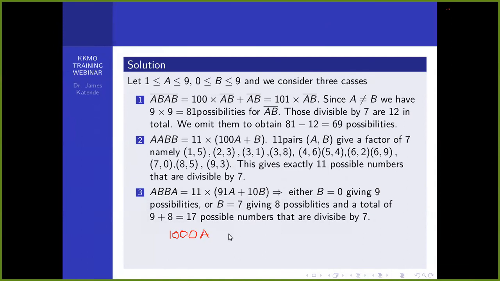Then you'll have 100 multiplied by B. When you put it this way, you will see how the factorization came about, and then plus you have 10B. And then the ones digit will just be A. So you can split this number like this. Now, if you add this 1,000A and that single A, you end up with 1,001A, right?